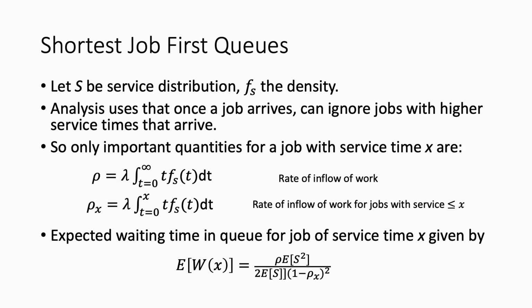So the other important quantity is the rate of work flow for jobs with service less than X, because if I'm a job of size X sitting around waiting, the only jobs that affect me are new jobs with smaller service times. You can do an analysis and come up with an equation for the expected waiting time for a job of size X.